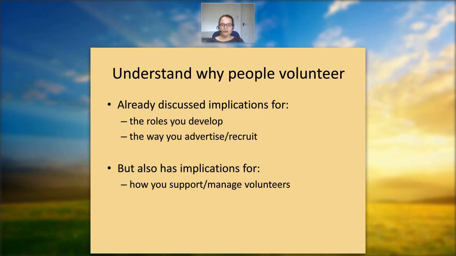So you've already shown a clear understanding that why people volunteer is important to know. But it also has implications for how you support and manage those volunteers as well.